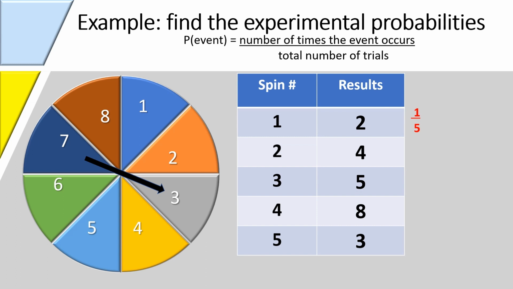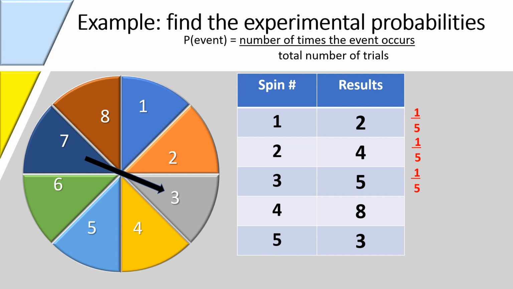It could have been a number of things. So you have to be careful and remember that if the teacher does not tell you the number of spins, she tells you it's up to you, then you need to decide how many times you're going to spin a wheel or flip a coin or do the experiment, because that's what each one of these things is called. Every time I spun this wheel, I was conducting an experiment.